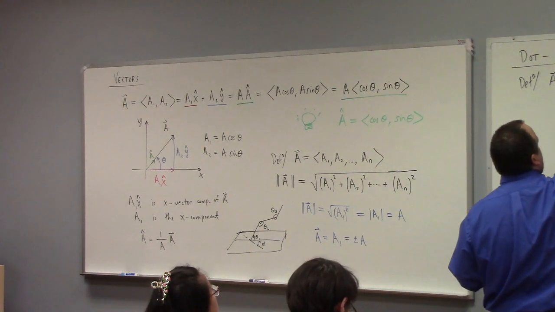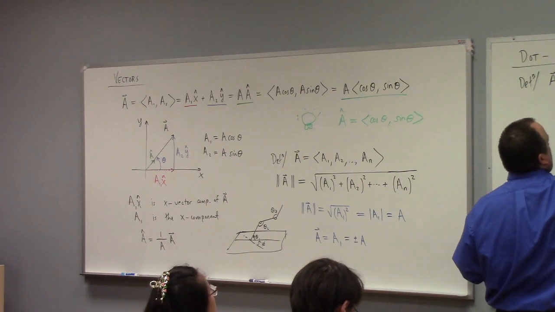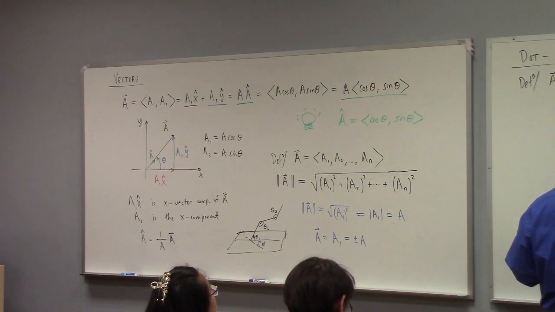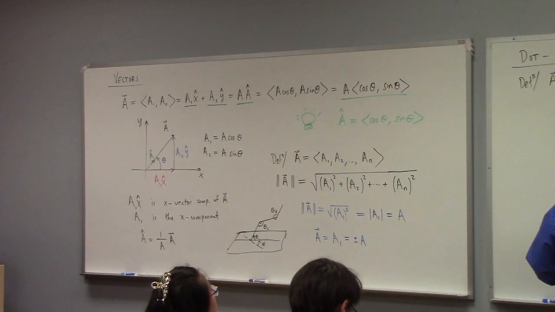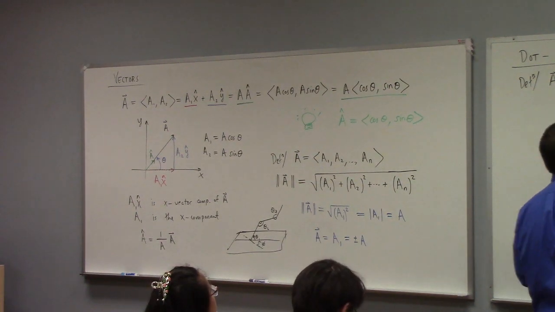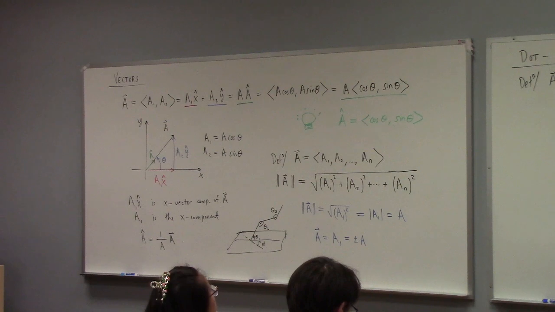Just to be clear, I mean like A1, A2, all the way out to An, dot product with B1, B2, all the way out to Bn, then the dot product is by definition equal to A1 B1 plus A2 B2 plus dot, dot, dot, plus An Bn.